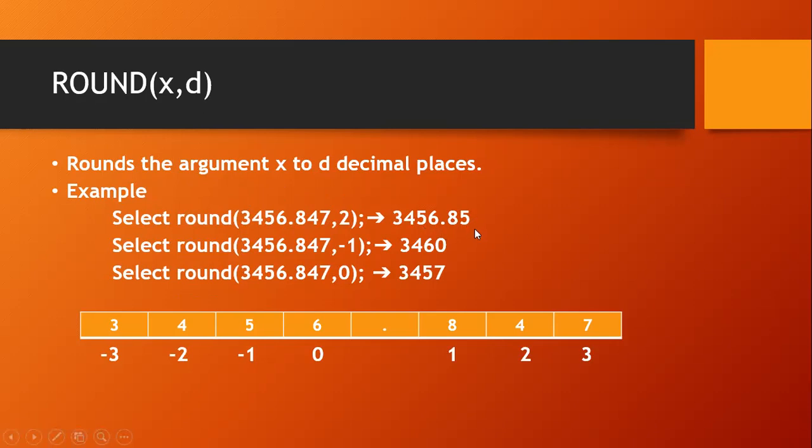3456.85. How? To understand how this output appears, let's look at these values written over here. These are the number of decimal places. So this is -3, this is -2, this is -1, 0, and this is 1, 2, 3. In your question, 2 decimal places are required, so the answer is required up to here. But your number contains 3 decimal places.